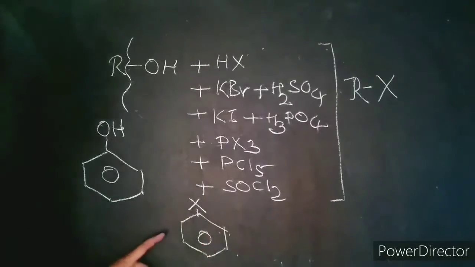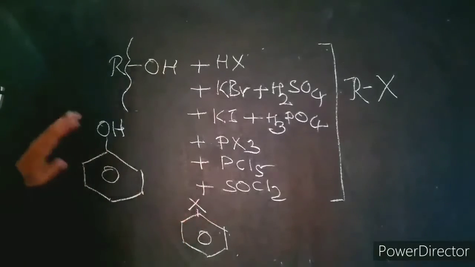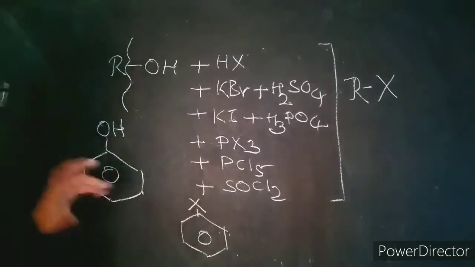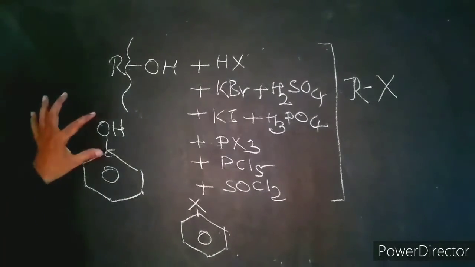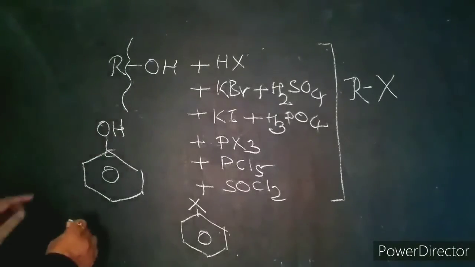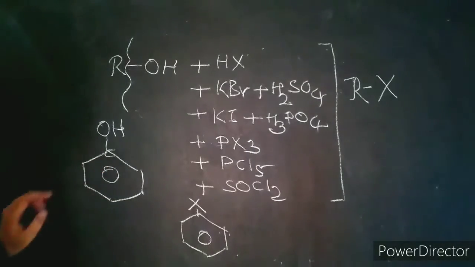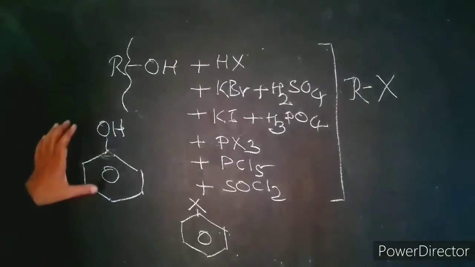The answer is no. We cannot use all these methods to convert phenol into aryl halide. The reason is the carbon and OH bond in phenol is strong, and it has slightly double bond character due to resonance.